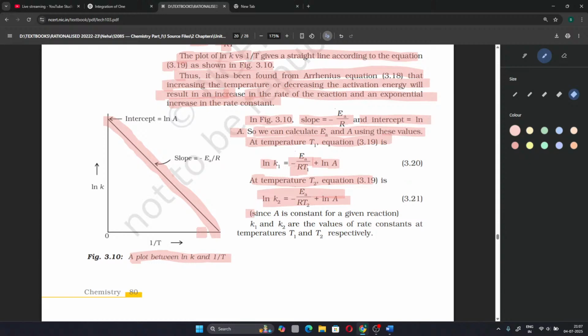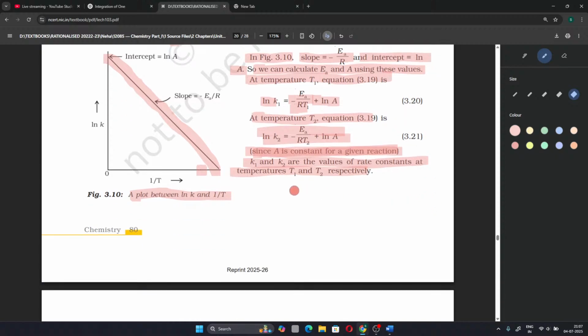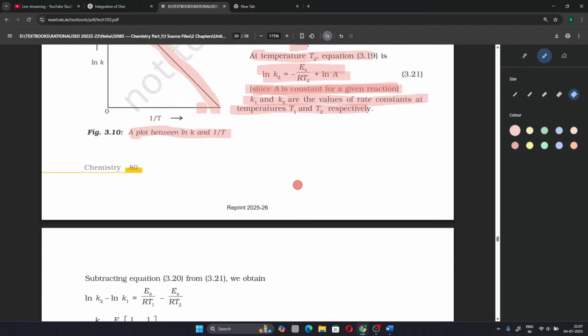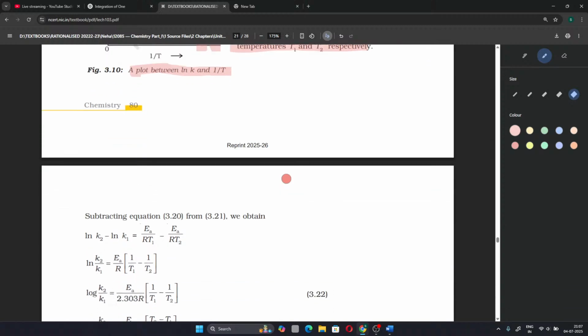Since the Arrhenius factor or frequency factor is constant for a given reaction, K1 and K2 are the values of the rate constant at temperatures T1 and T2 respectively.